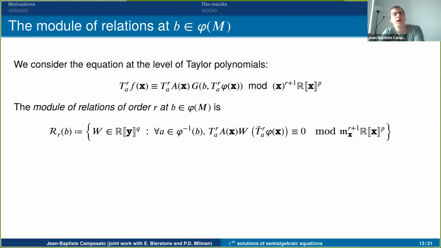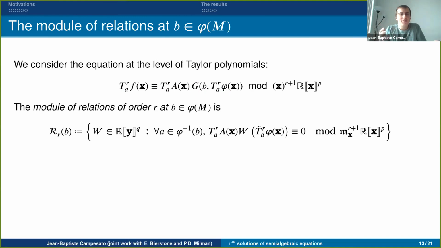So now I'm going to explain how we construct this Whitney field G. First, we want to solve this equation at the level of Taylor polynomial. So you have a Taylor polynomial of f, the Taylor polynomial of A, the Taylor polynomial of phi, and we're interested in a solution G. And I'm going to introduce some analogue of the kernel, but for this problem which is not from linear algebra.